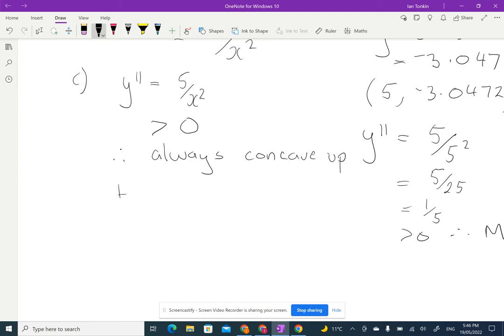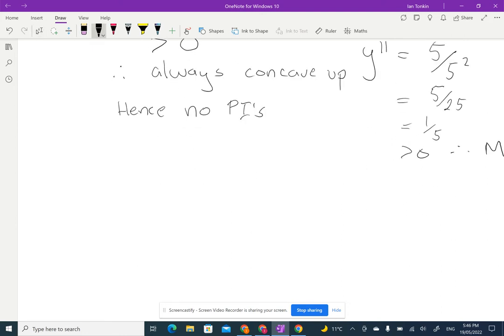And hence no points of inflection. Also, we need to know that y equals x minus 5 ln x, and we know that for this to be true, x must be greater than 0.